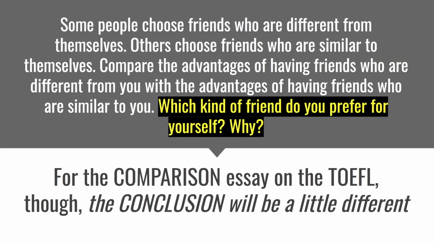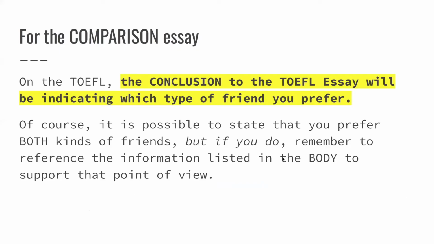In this case, that's where we're getting to the conclusion of our workshop. One of the challenges in writing for the TOEFL is you might feel pressure to say, wait a minute, I prefer friends who are different, or I prefer friends who are similar. But the truth is, you could be somewhat creative.